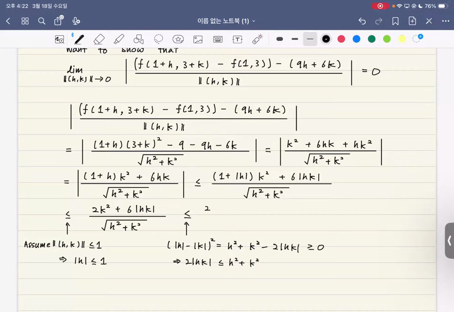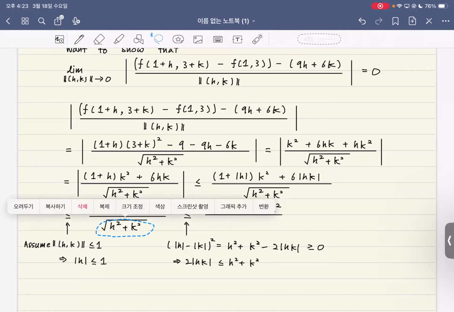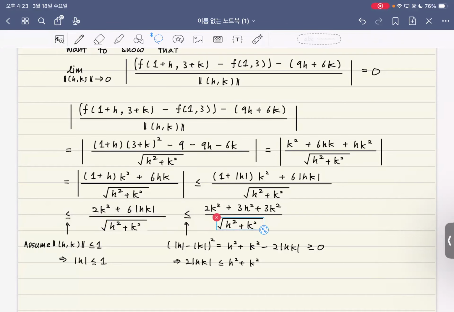So this is 2k squared plus 3 times h squared plus 3 times k squared, everything divided by this. I'll just simply put that 3 times h squared plus 5 times k squared.